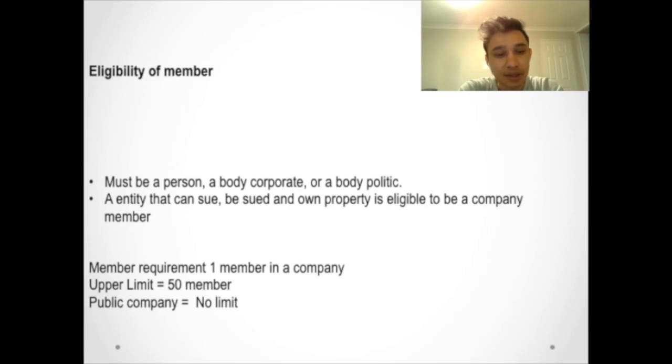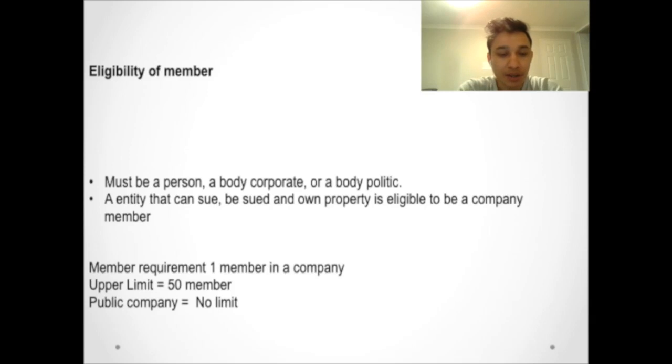An entity that can sue or be sued on its property is eligible to be a company member. When it comes to trusts or estates, they can become members through their nominated trustee or executor, respectively. There is no age limit to become a member, though companies can use discretion.